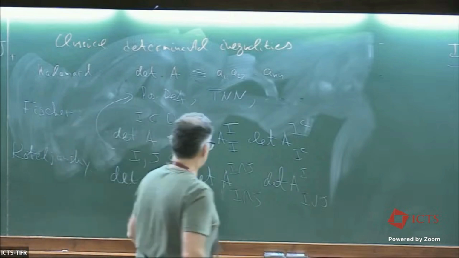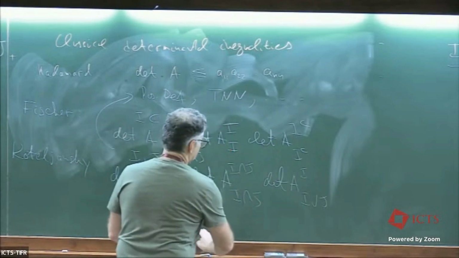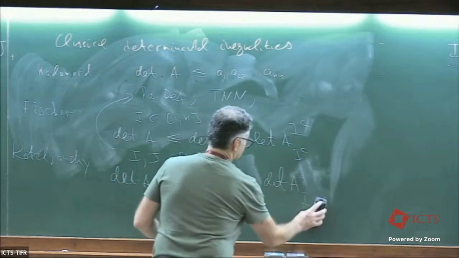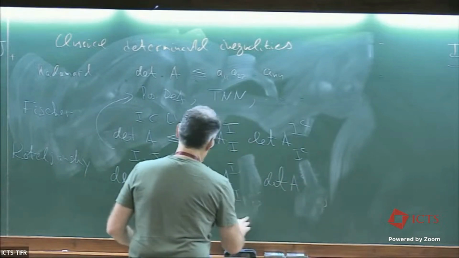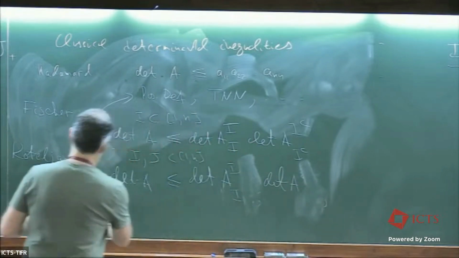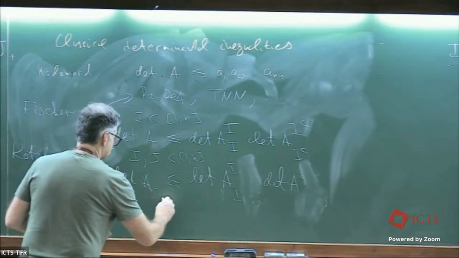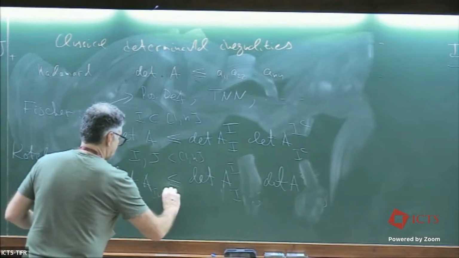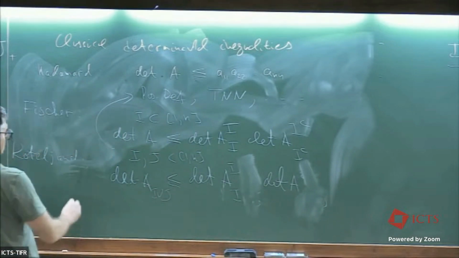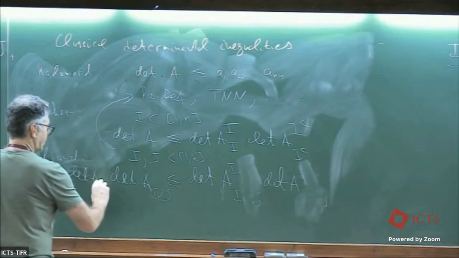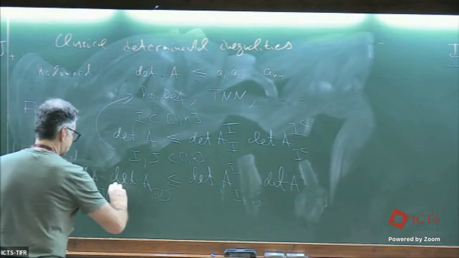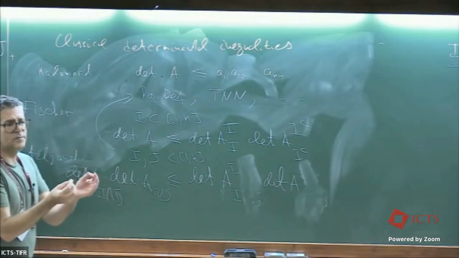I think it's easier to do it this way. If there is an overlap, then the determinant of A_{I union J}, and the determinant of A_{I intersect J}. Union means that I'm not repeating indices.